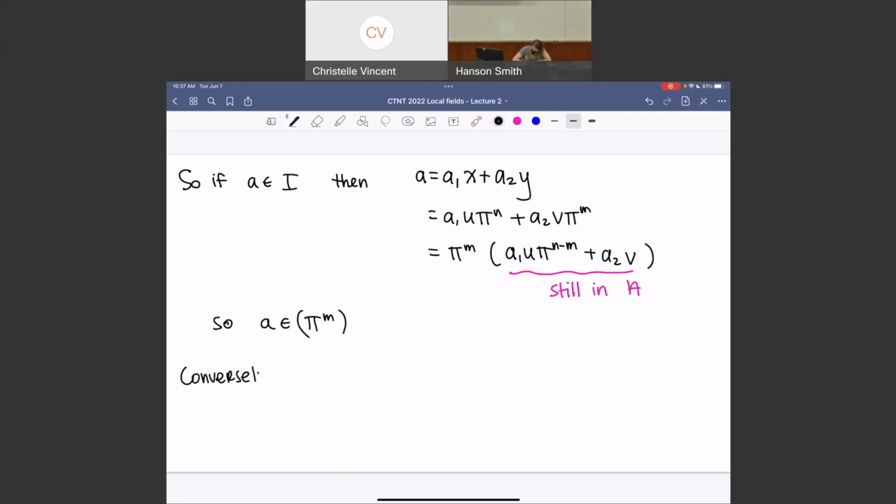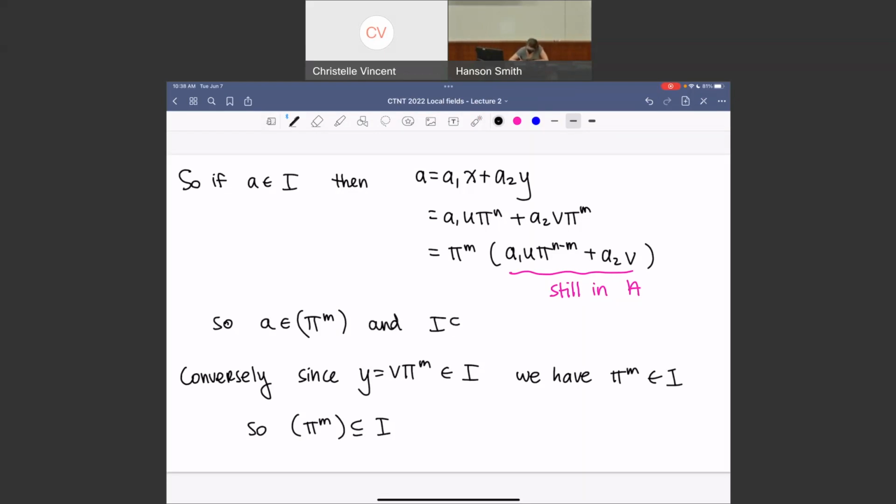Conversely, since y, which is v pi to the m, belongs to I, we have that pi to the m belongs to I, right? Because I can multiply by the inverse of v and stay in this ideal, so the ideal generated by pi to the m is inside I, and we have equality. Sorry, I'm skipping steps.